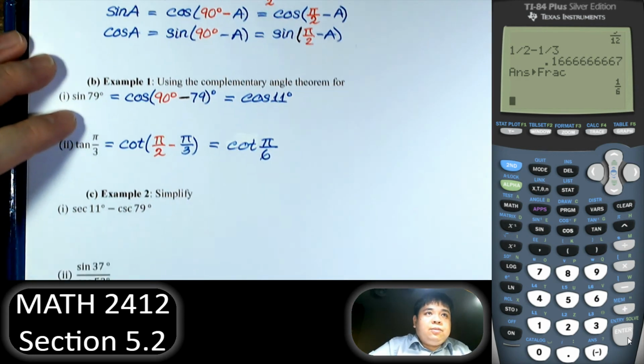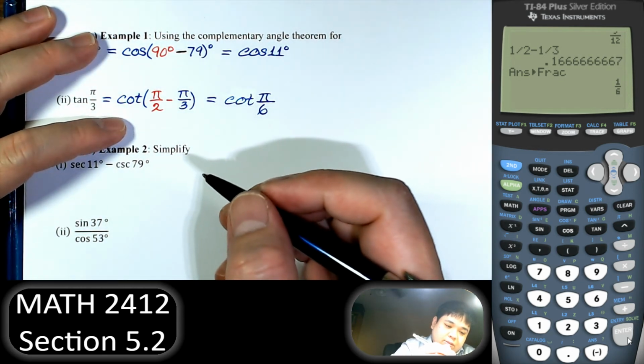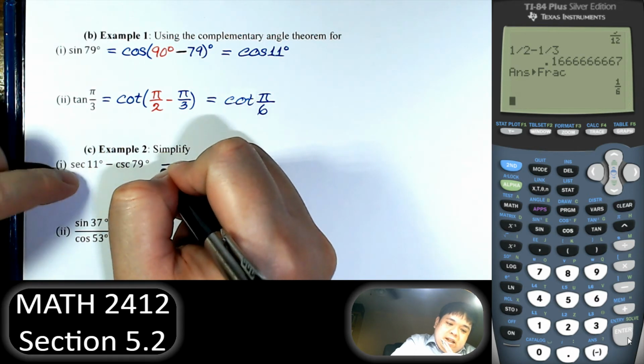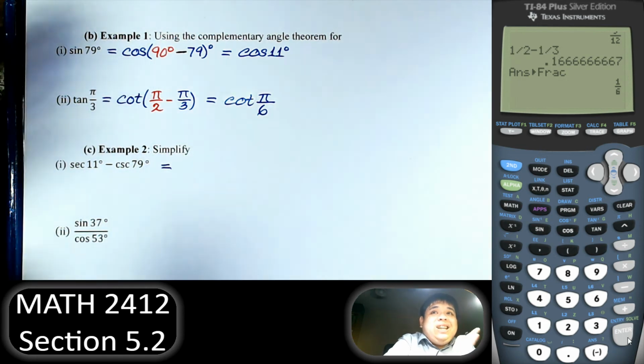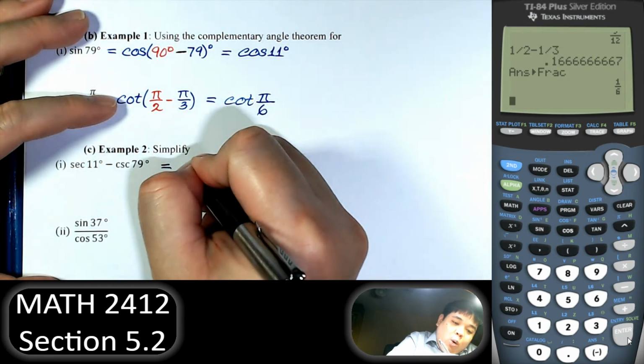Right. Now try to simplify this: secant of 11 degrees minus cosecant of 79 degrees. By the way, secant and cosecant are co-functions of each other.